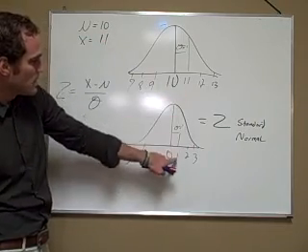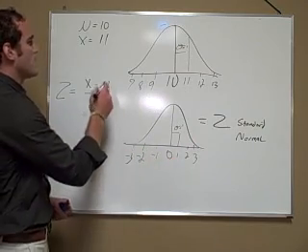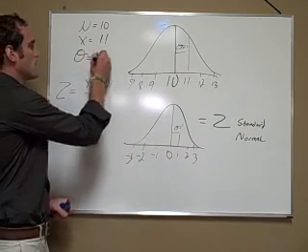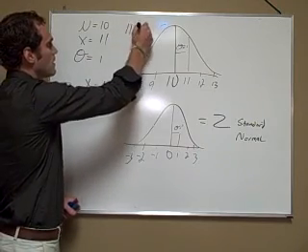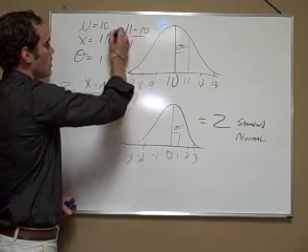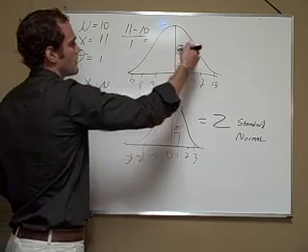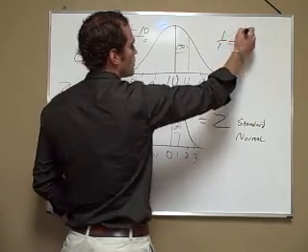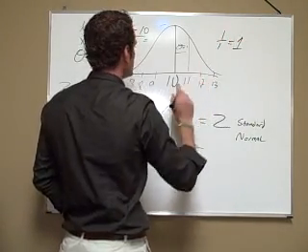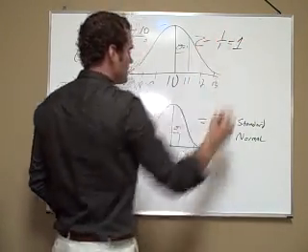You know 11 is going to line up with 1. And standard deviation is 1, so x minus mu becomes 11 minus 10 over 1. Moving over here, you see that's simply 1 over 1, which equals 1. So our z-score is equal to 1.